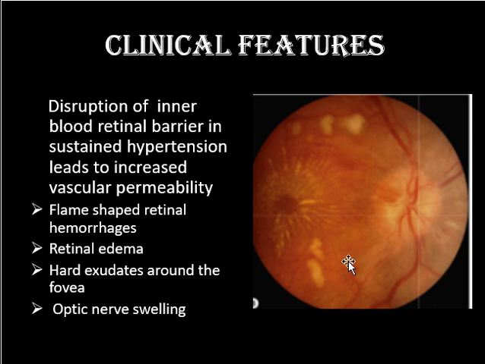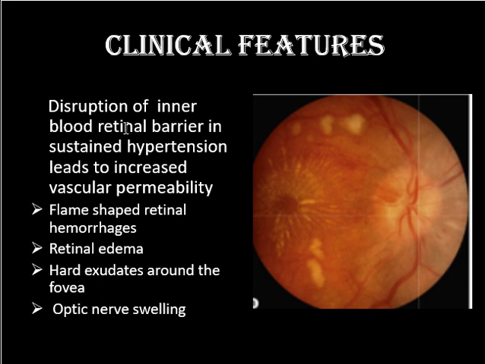See, there's altered retinal reflex also. It's not the normal pinkish or yellowish pink color; it is relatively whitish. So this is all edema. This is peripapillary edema. If you compare this area with this area, it is edematous because of the leakage or increased vascular permeability.